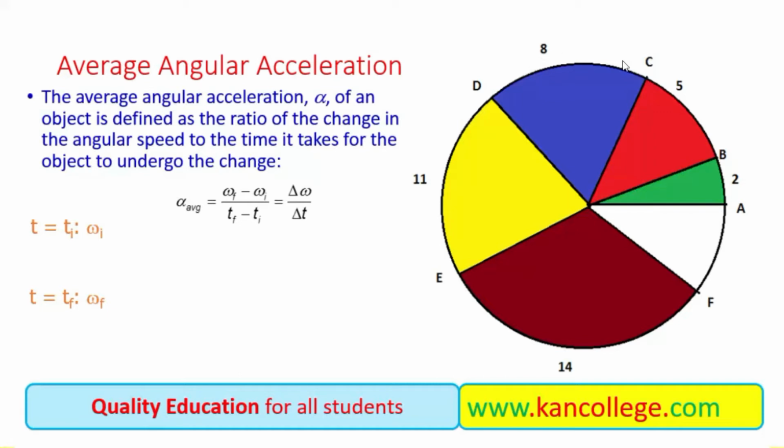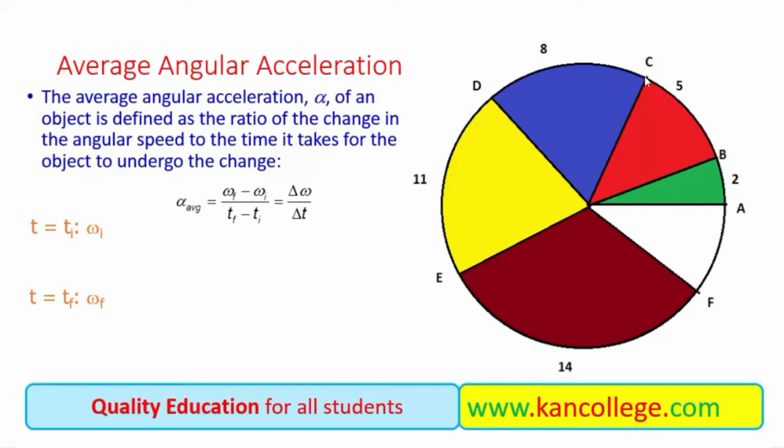Next, in the next second it again increases its speed by a value of 3. The increment is 3 degrees per second. In the next interval it again increases by 3 degrees per second. Similarly, in the next interval the increment in speed is 3 degrees per second.